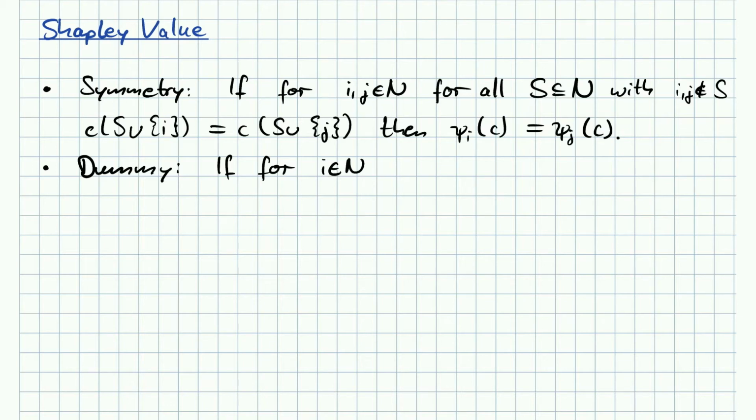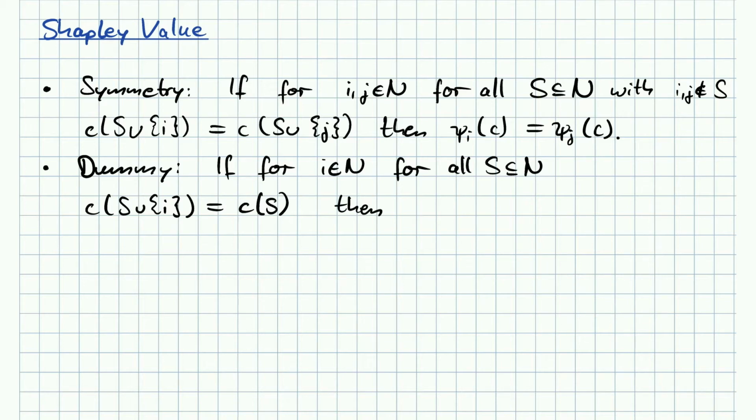If for an agent, for all sets of agents, the cost of adding that agent is equal to 0, meaning that the cost after having added this agent is exactly the cost that we had before adding that agent, then this agent should not be paying anything.